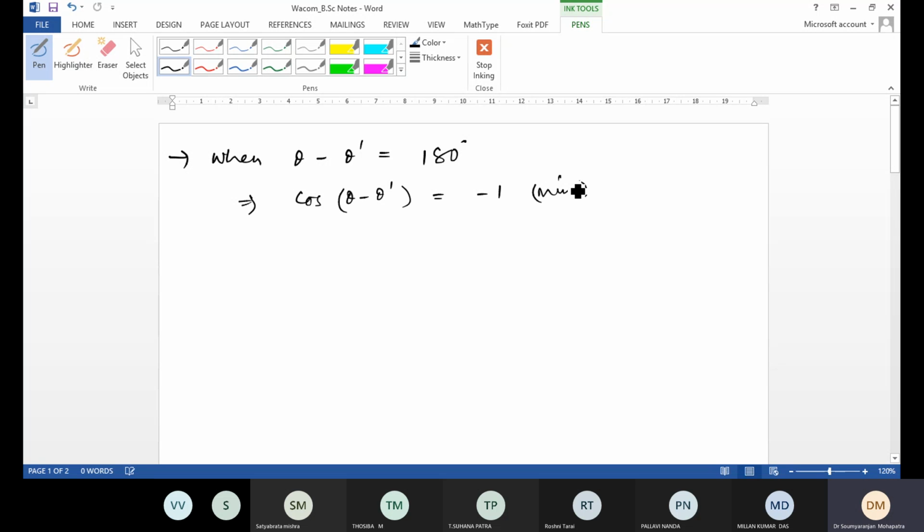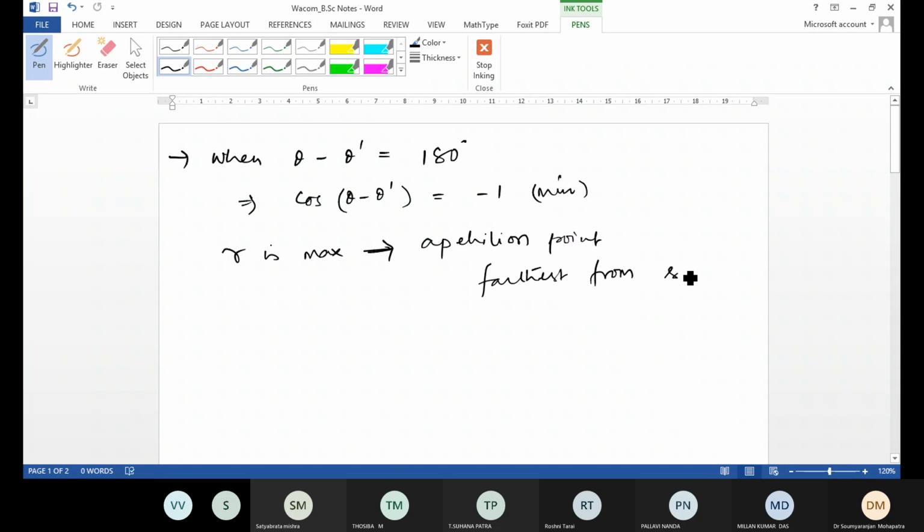This is the minimum value. In this case, R is maximum. So this point is called the aphelion point.